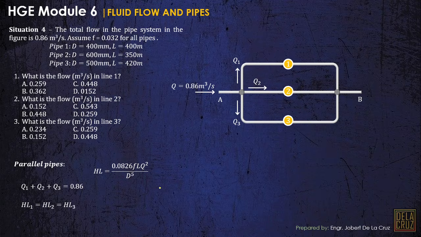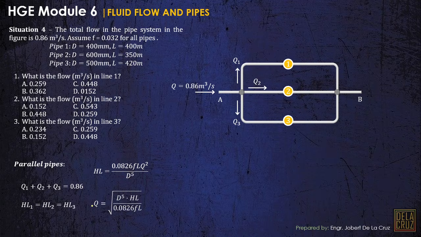So, ang gagawin ko dito is we'll be expressing the discharge in terms of the head loss, since, again, constant nga yung head loss natin. Bali, yung una nating kukunin is yung head loss. So, konting algebra lang. Cross multiply, then square root para maging Q in terms of the head loss. Ayan. Okay?